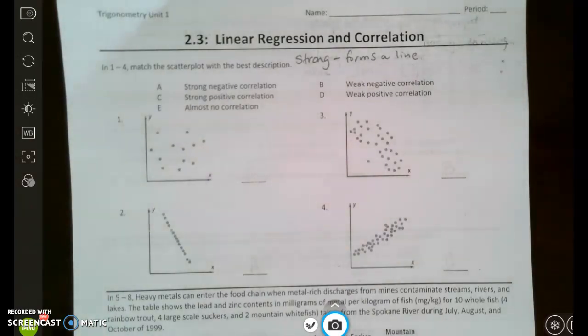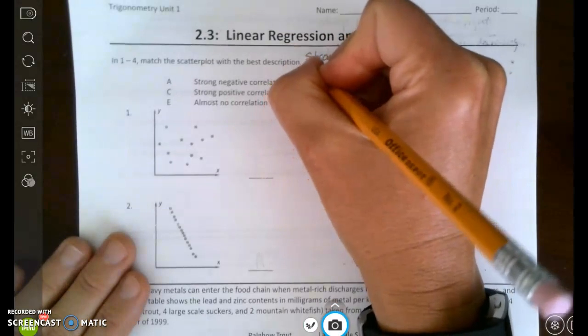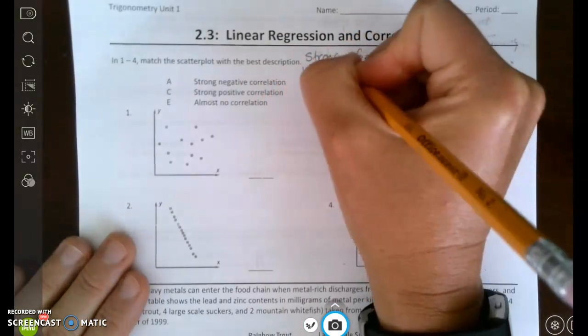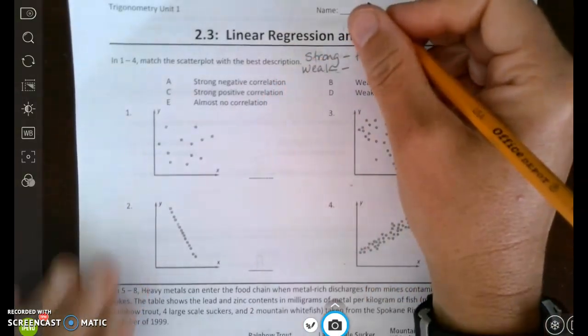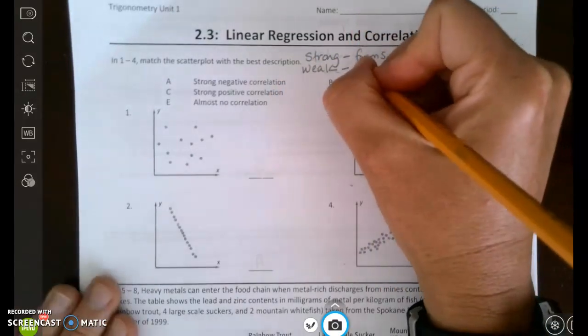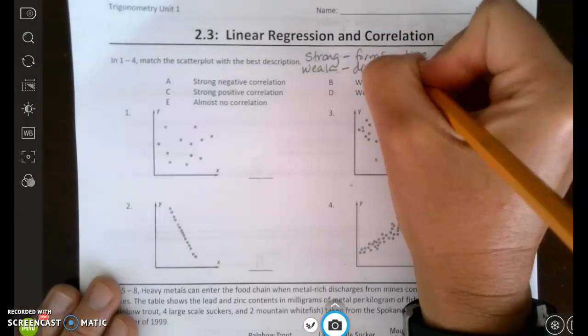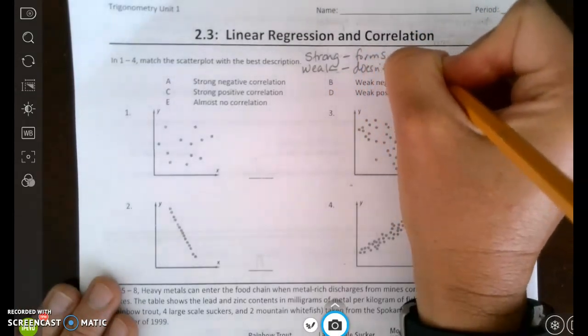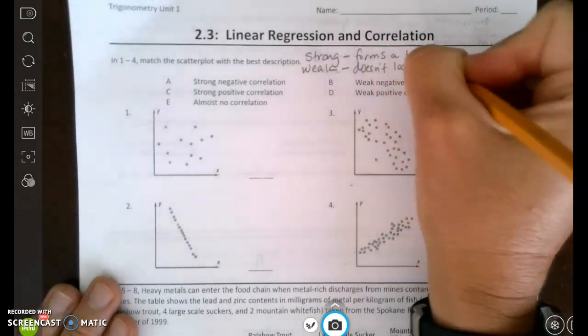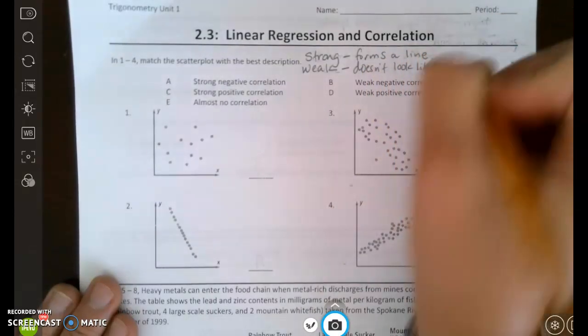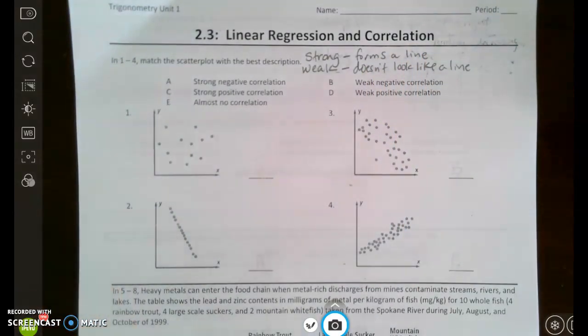If we had to say what's the general shape of the graph, the general shape is linear. We say it's weak if it doesn't form a line at all. Doesn't look like a line.